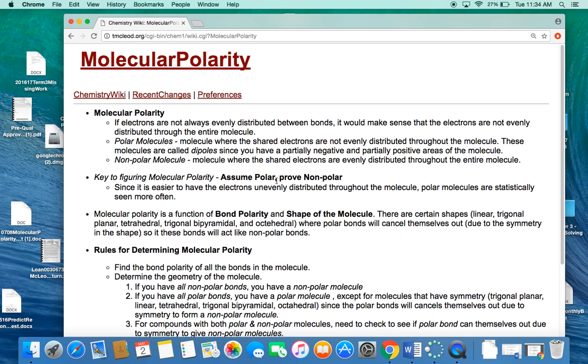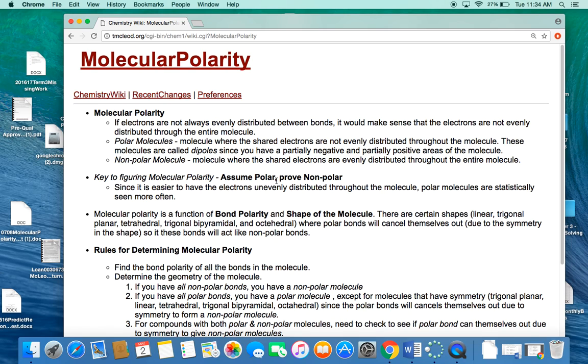What we want to know now is: are the electrons evenly distributed throughout the molecule, in which case it's called a nonpolar molecule, or are they unevenly distributed, i.e., is there a region where a lot of electrons are located or going towards, a partially negative end, and a region with a lack of electrons, a partially positive end, creating two different regions, two different poles? That's called a polar molecule, or basically a dipole.